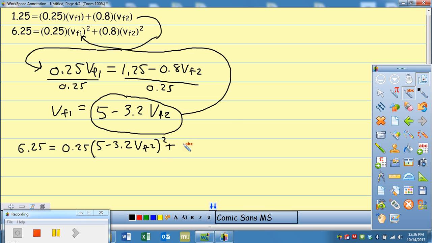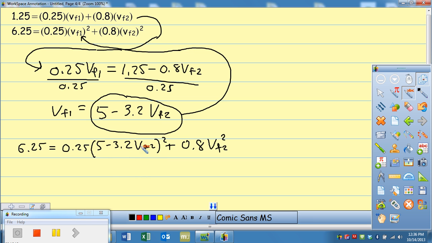Plus 0.8 VF2 squared. I haven't done this problem before, so we'll see where we end up. But we've got to square this piece here. Now, those of you who have algebra should remember this is going to be 5 squared minus 2 times 5 times 3.2 VF2 plus 3.2 squared.